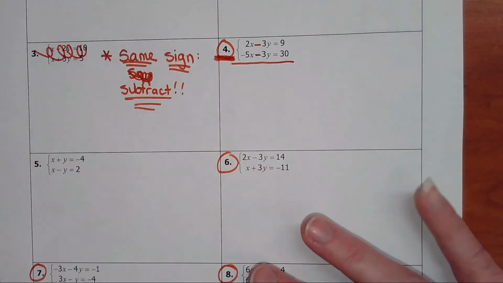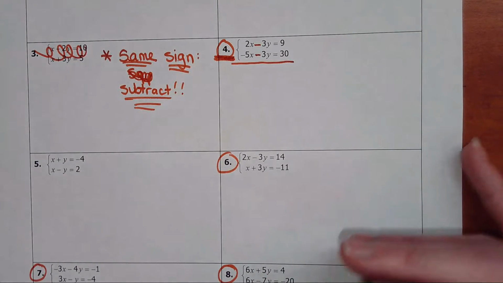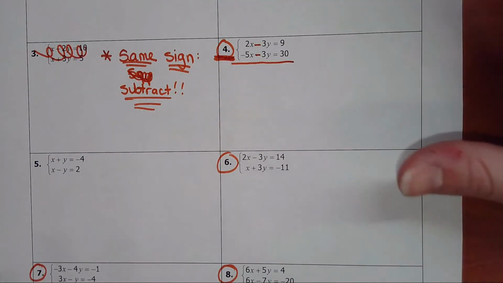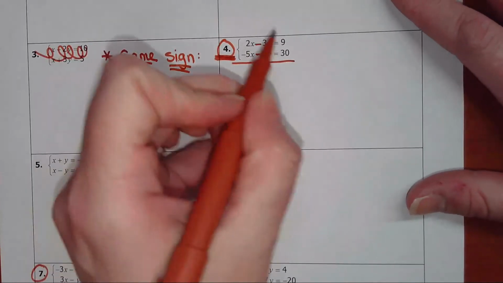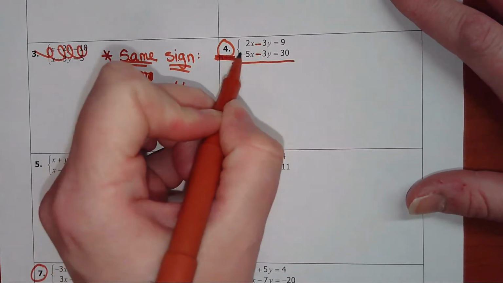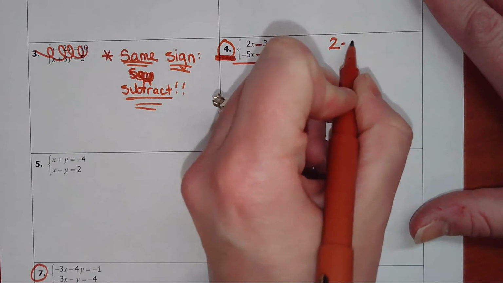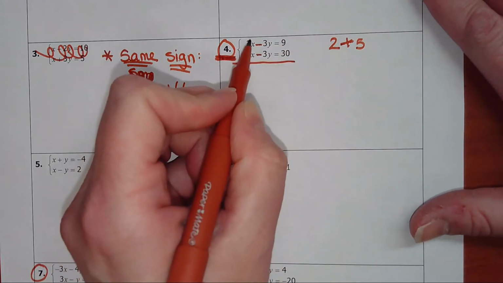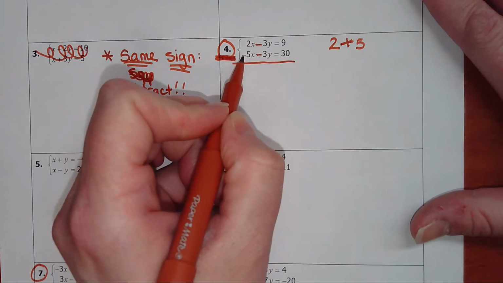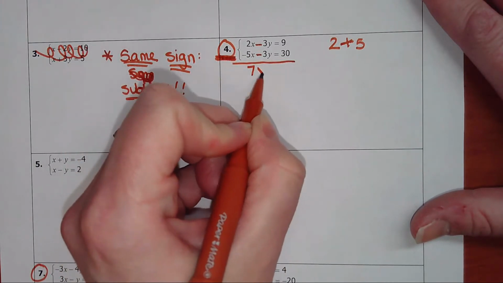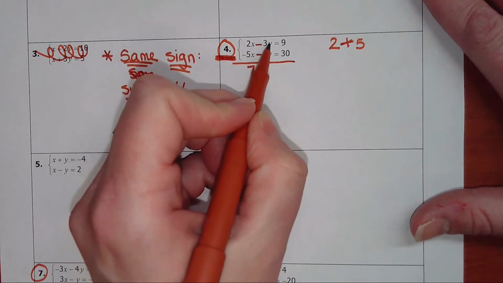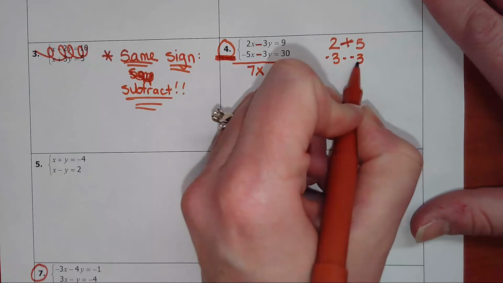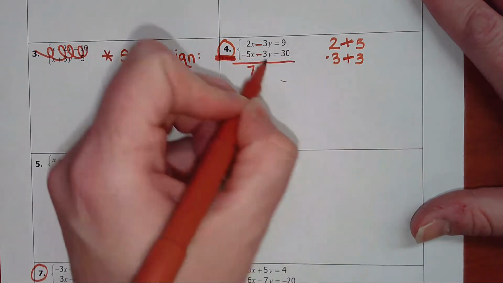Now, when you subtract, this is where you have to be really careful. That's the main thing, you just have to be super careful. So when you subtract, we do 2 minus -5. Well, 2 minus -5 is the same thing as 2 plus 5, which is 7x. -3 minus -3 is the same thing as -3 plus 3, which is 0.